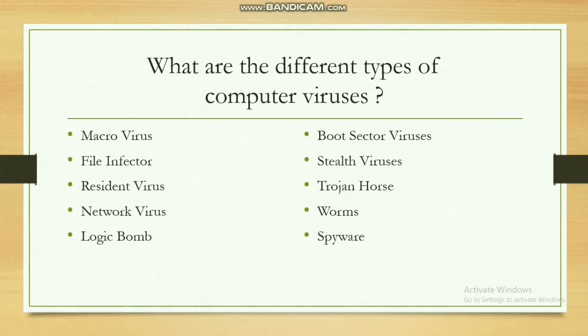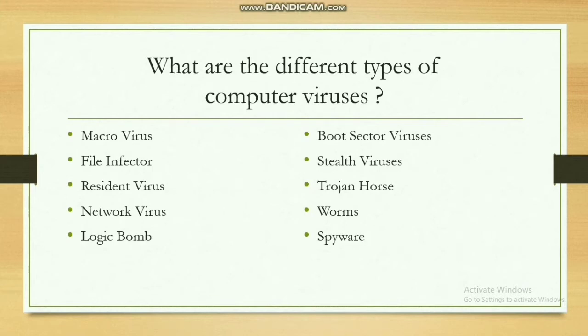Stealth virus, Trojan horse. We will explain it in detail with the help of the story of the Trojan horse and Helen of Troy, or the horse which was made by the Greeks. The Trojan horse was created by the Greeks to defeat the empire of Troy.